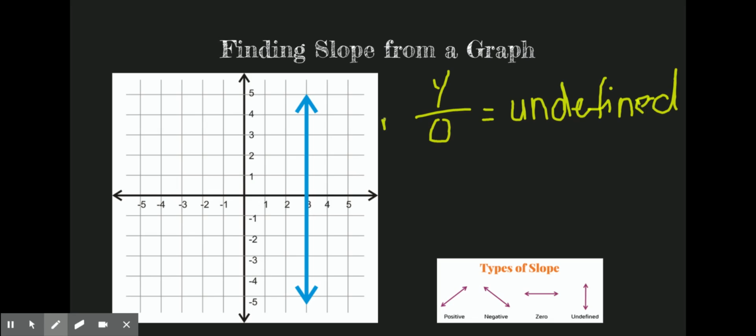So let's talk about, what about our y-intercept? Well, if we take a look at our y-intercept, I can clearly see this is not intercepting y anywhere. So there is no y-intercept. And there really is only one case where we really can identify a y-intercept.